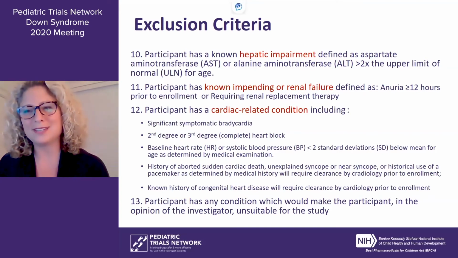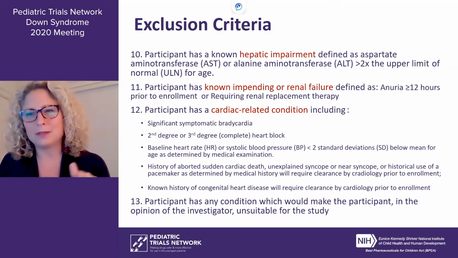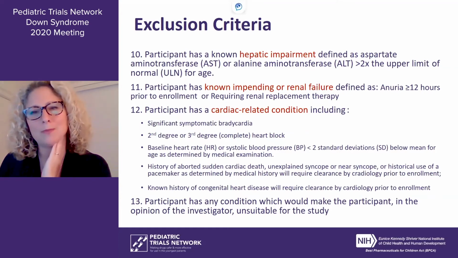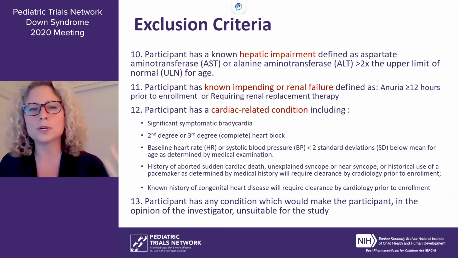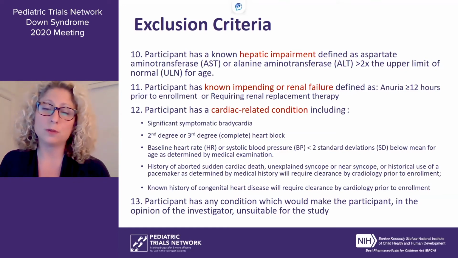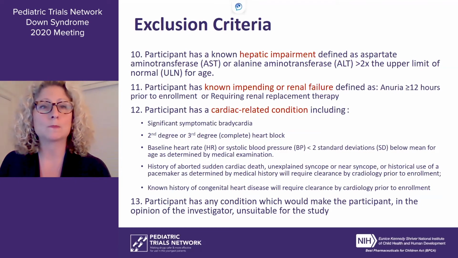Now, these are all things that clinicians kind of do on the fly, but we have to put them in very specifically in a clinical trial to ensure that those safety measures are put in place and that we're not enrolling kids into the study that might be at risk. And of course, if there's any other condition that the treating physician feels would warrant not being included in the study, that would count as well.